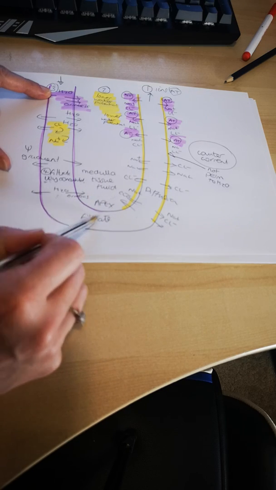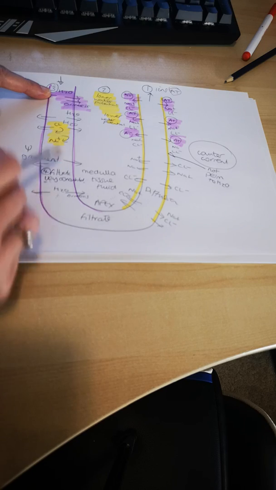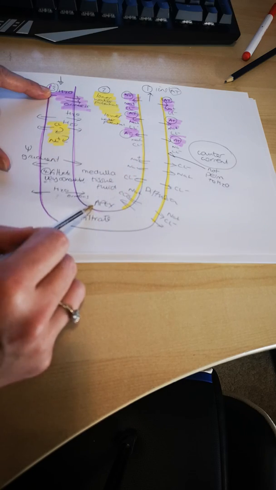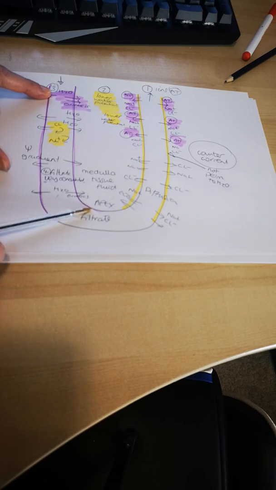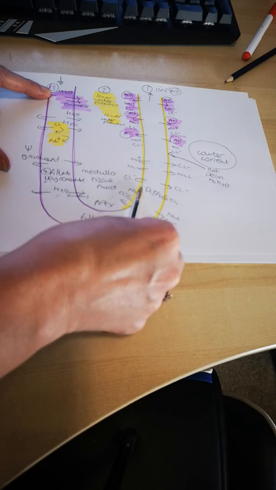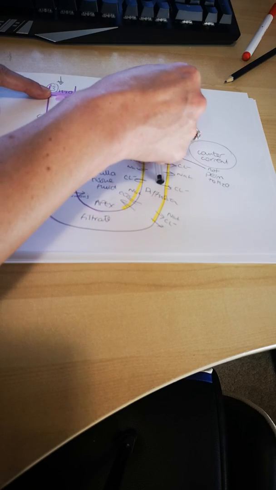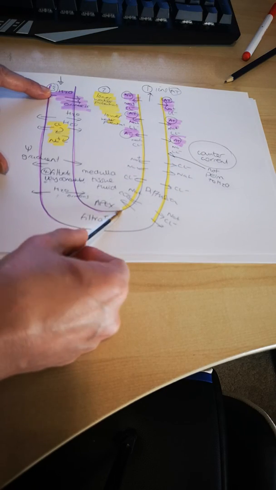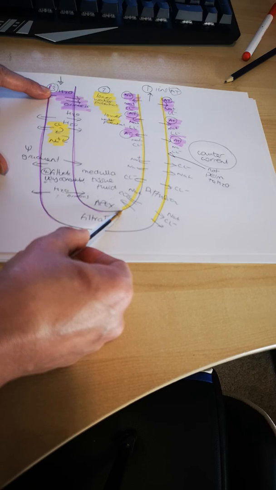Okay, and it's because this filtrate is passing in a countercurrent that's created, because now the filtrate, being really concentrated, flows in the opposite direction up the medulla, which means that now the wall becomes permeable to ions but impermeable to water.